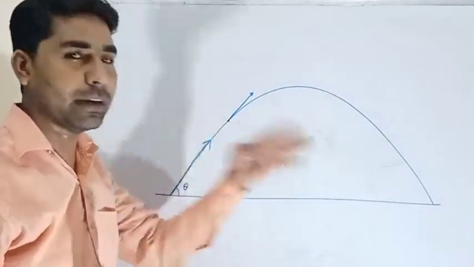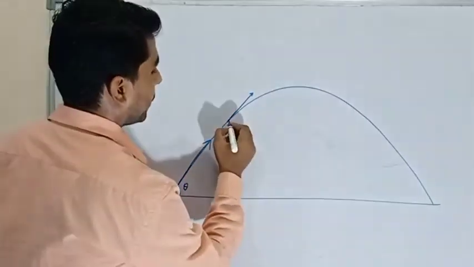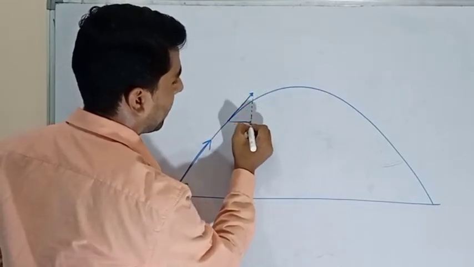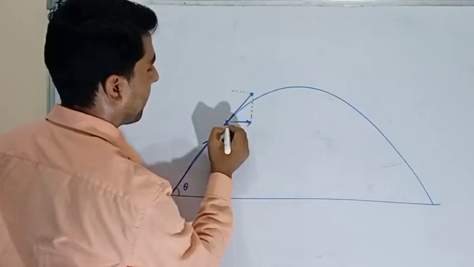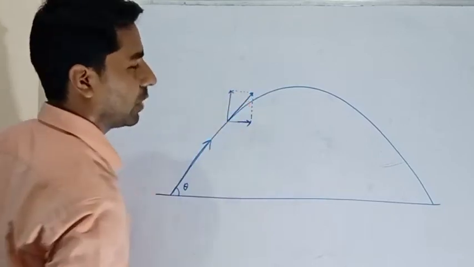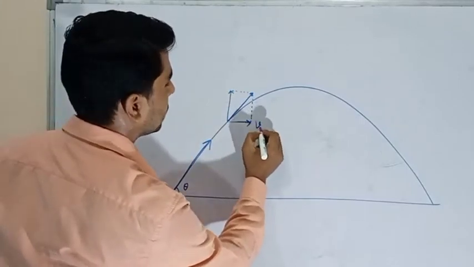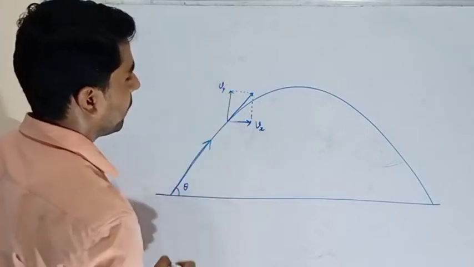One component is in the forward direction, the second in the upward direction. So I am distributing that with the vector law. One is this, and the second one is this. The horizontal one will be known as Vx, and the vertical one will be known as Vy.